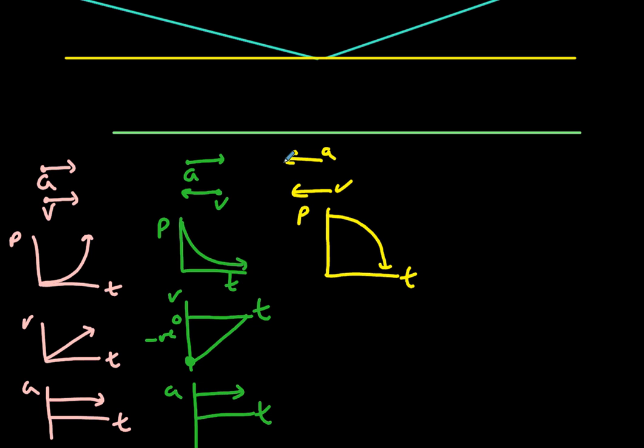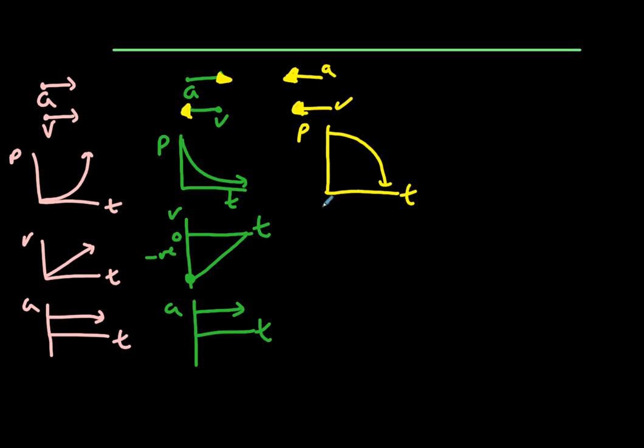So when acceleration and velocity, when push and velocity are in the same direction, you get a thing speeding up. When push and velocity are in the opposite direction, you get something that's slowing down. Okay, so this object is getting faster and faster in the leftward direction. So on a velocity time graph, we start at a low velocity of 0, and then we increase it, but we increase it in a leftward direction.